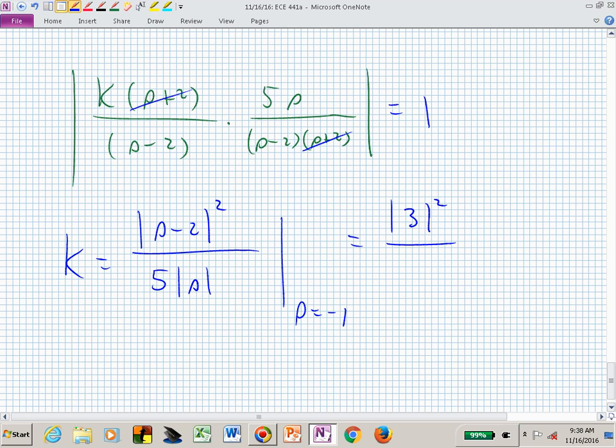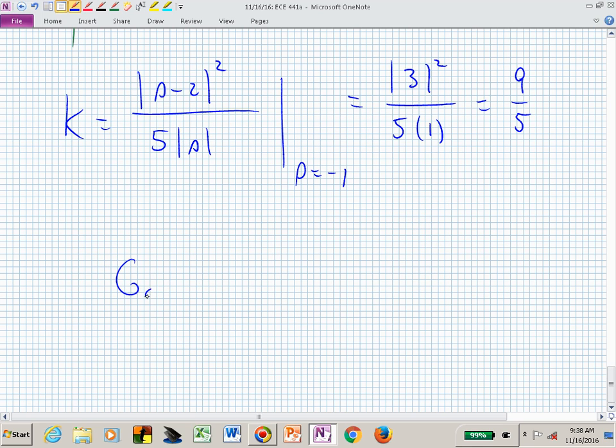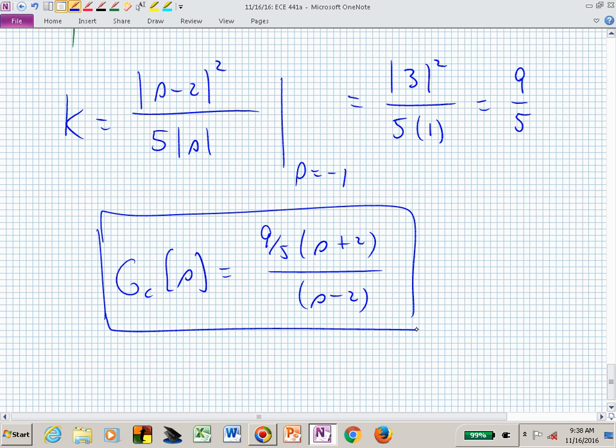As far as length, I have 5, and I have from the origin to -1, that's a distance of 1. There's my gain. And now I have a stabilizing controller for that original question.